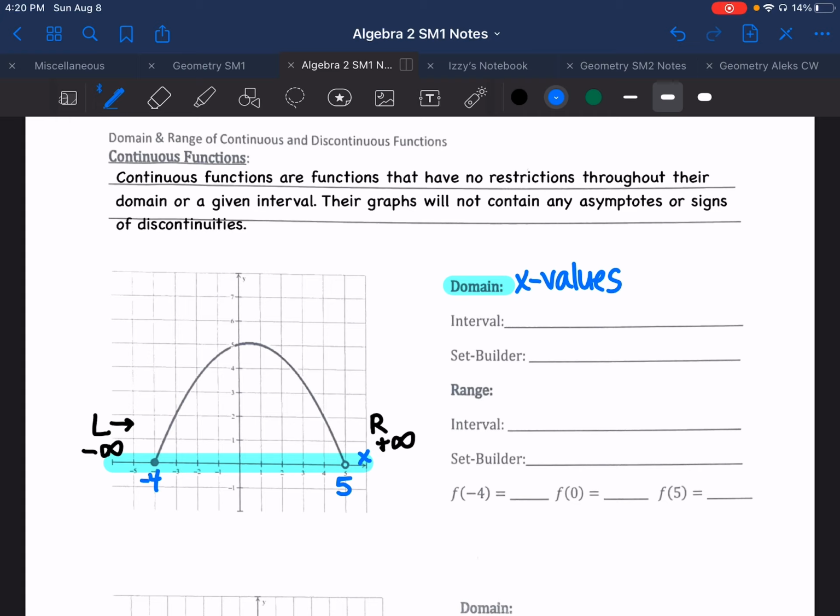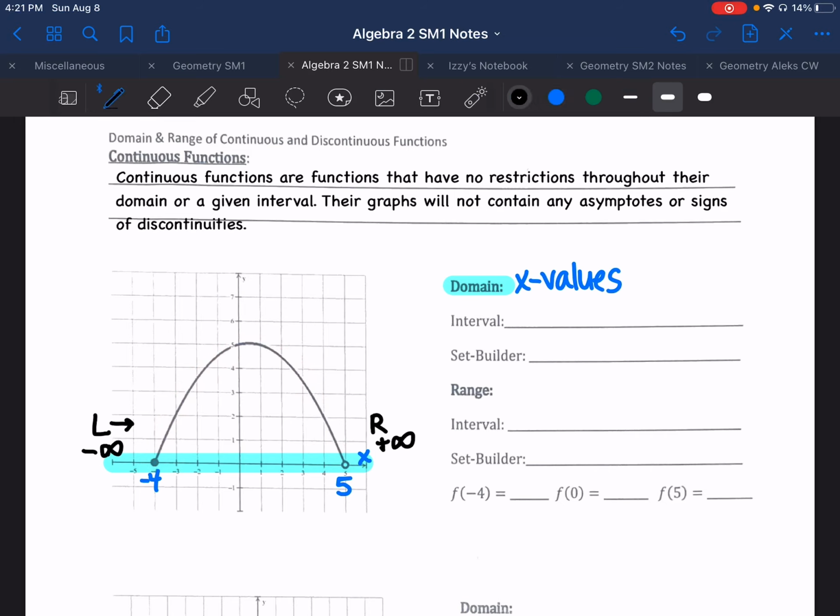So I do want to draw your attention right here. It does appear that there's a gap in my graph, but I think that gap is really just there to show you the number 5 on the y-axis. It is not there to show any discontinuity. So there's really no stopping to my graph. This is a continuous graph from -4 to +5.